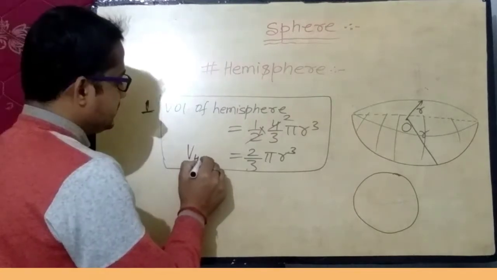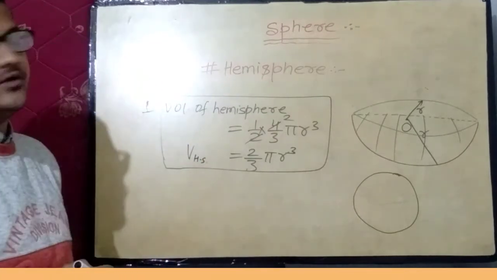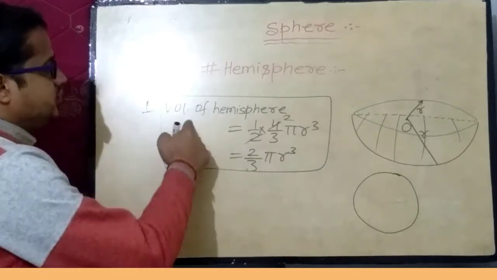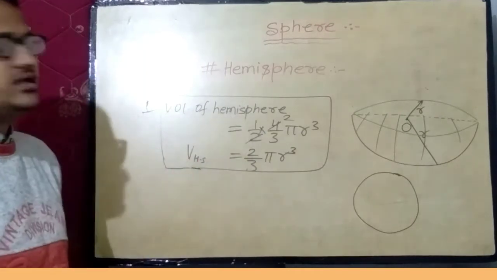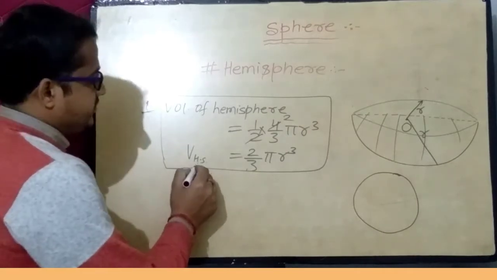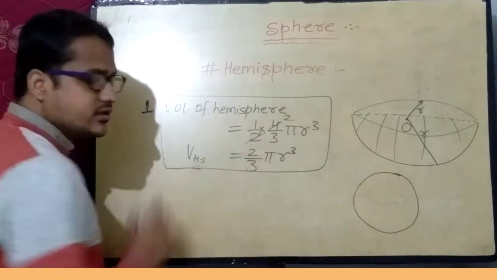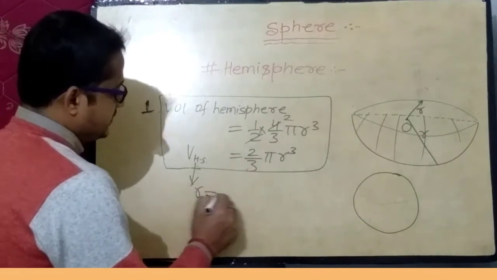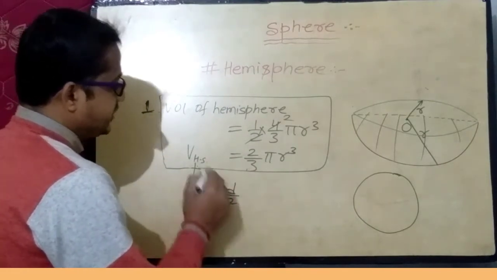Volume of hemisphere is represented by V h s. So the volume of hemisphere equals 2 by 3 pi r cube, and in terms of diameter you can write r equals d by 2.